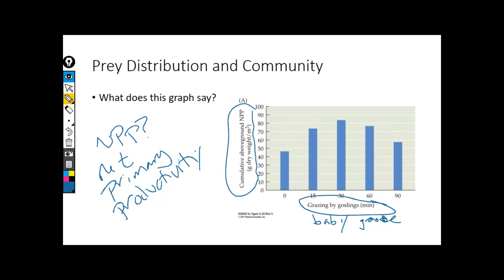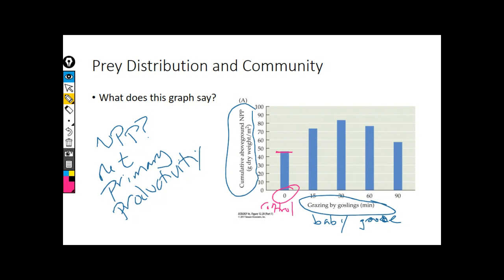Okay, so what are we seeing here? Okay, what's the 0 then? That's our control. Good. No evil baby geese have been unleashed upon that plant site, right? So this is how much plants normally grow. Okay, so what do we see here then?